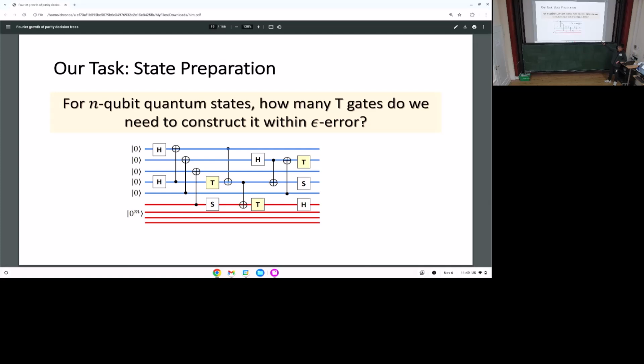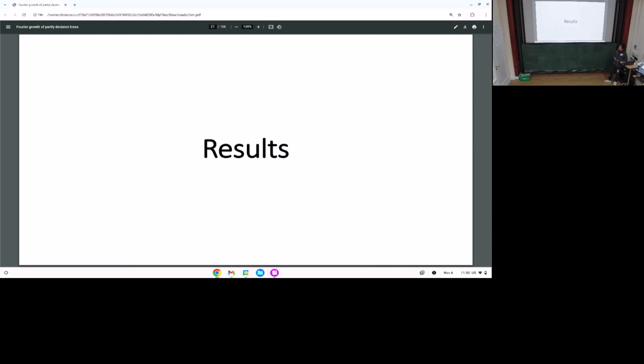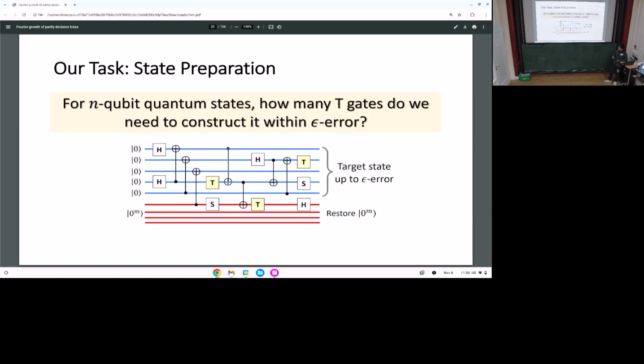The number of T gates is the thing we care about. After this circuit, the first blue wires should output somewhat close to your target, and the ancillary qubits should be restored to all zero, so you can use them for other computation afterwards. So this is our task, and then I will talk about the result.